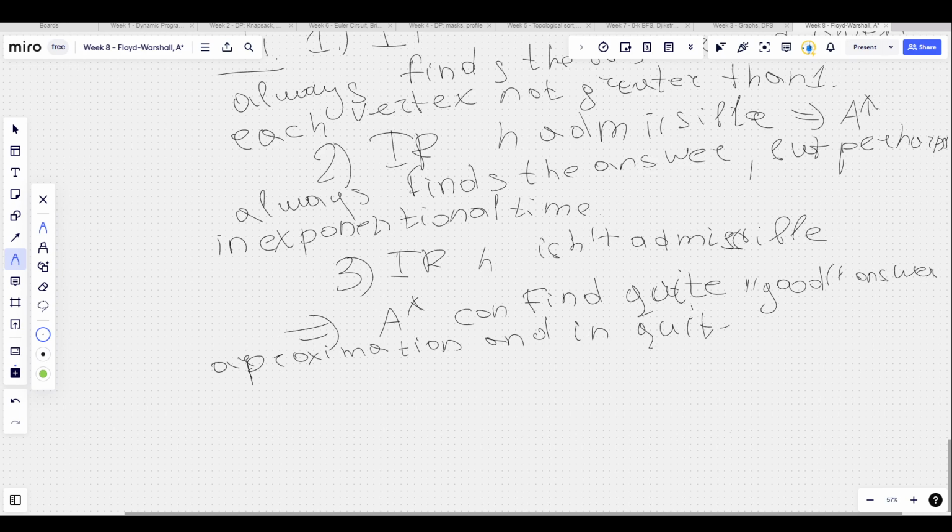What do I mean by quite good? You can improve your heuristics again and again, and it can be non-admissible, but in real life you use these non-admissible heuristics and improve them again and again in complex tasks and get some approximate answer in quite good time, which works well in practice.